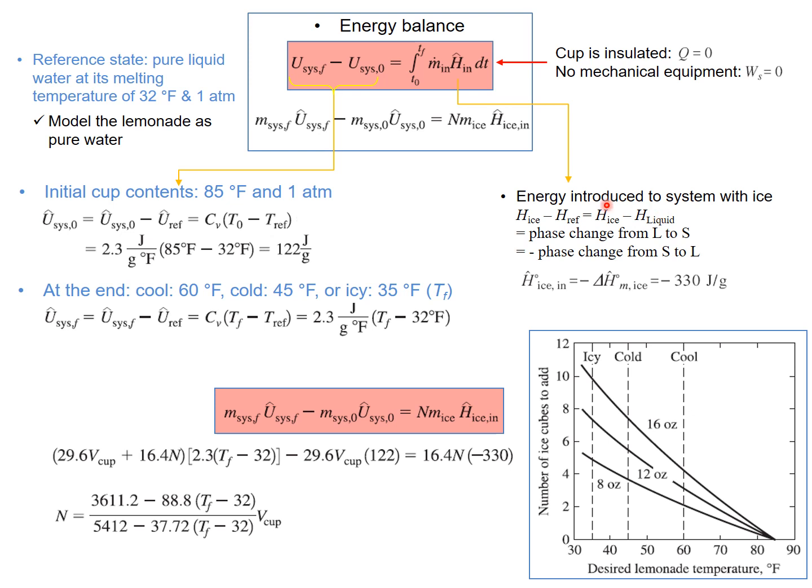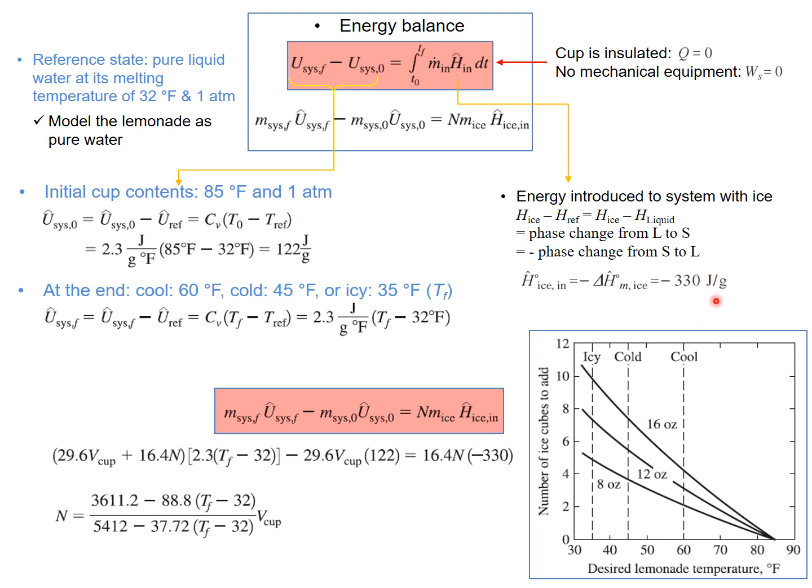It means ice minus liquid is the phase change from liquid to solid, or I could say minus the phase change from solid to liquid. So the specific enthalpy of the ice input stream could be described by the standard enthalpy of melting of ice. This value was given in the statement, so minus 330 joule per gram. Okay.